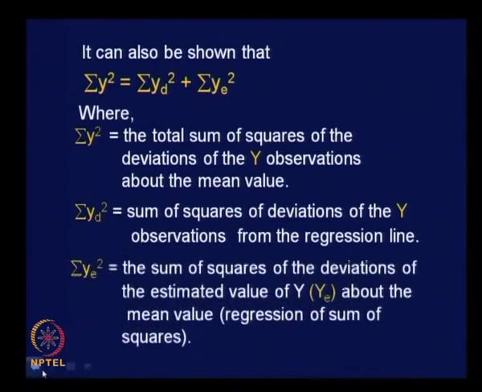We just measure the deviation up and down from the regression line of the observed values and get the value of yd and then Σyd². Then Σye² is the sum of squares of the deviations of the estimated value of Y, which is Ye, about the mean value, which is also termed as regression sum of squares. We find the difference between Ye and Ȳ, square it and then sum up to get the value of Σye².